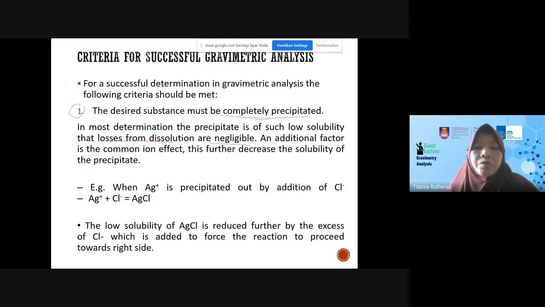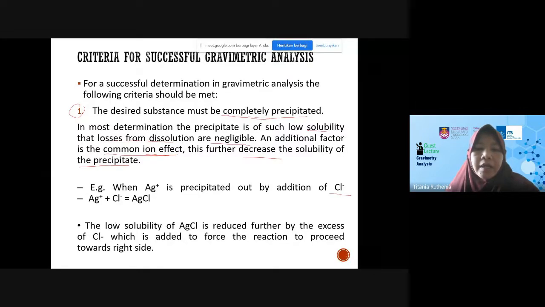So to decrease the solubility, we can add the ion, so that it will have the common ion effect that will decrease the solubility of the precipitate, like what we have already talked about previously. So for example, Ag+ could be precipitated by the addition of Cl minus.